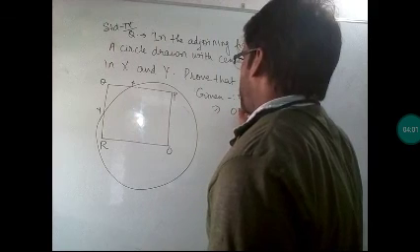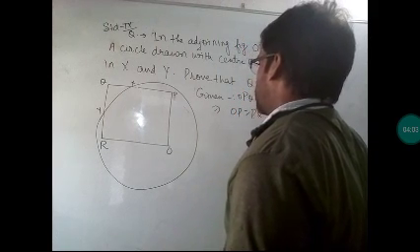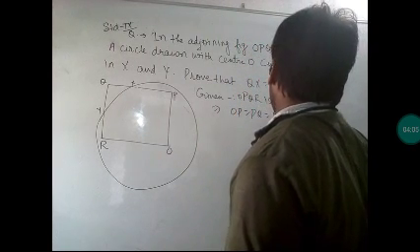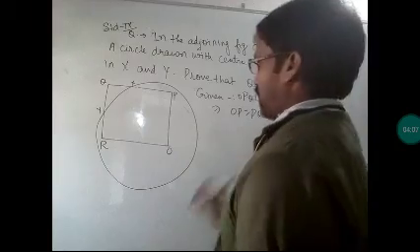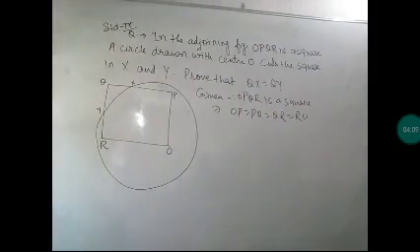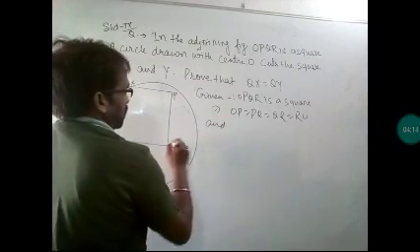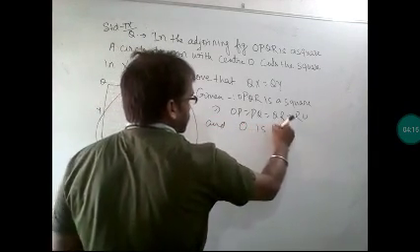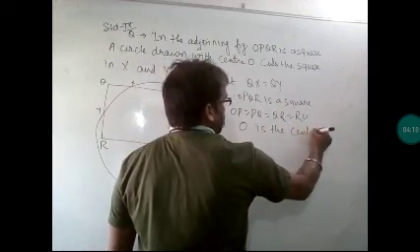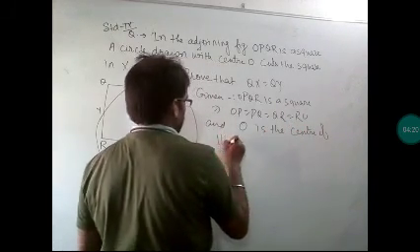Given is that OPQR is a square. That means all the sides of the square are equal. We know that all the sides of a square are equal. Here also, OP is equal to PQ is equal to QR is equal to RO, and O is the center of the circle.